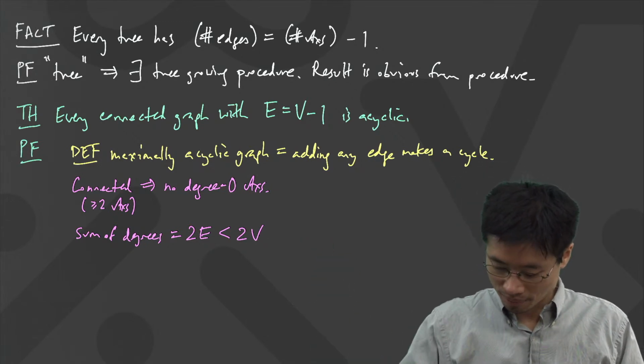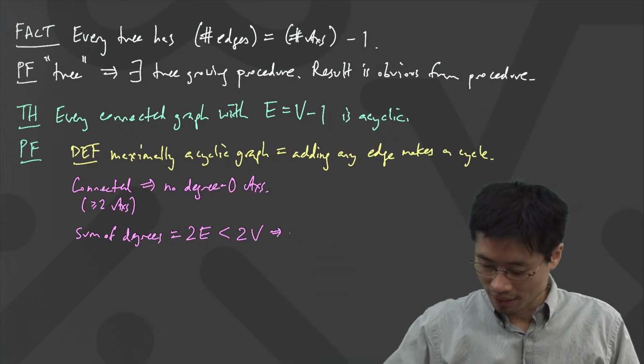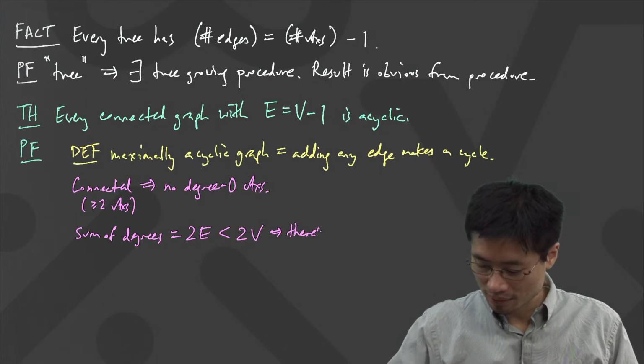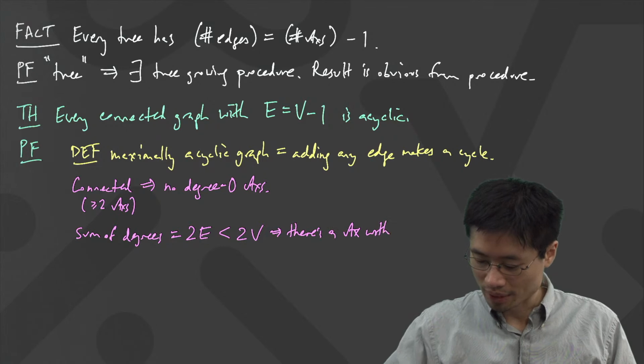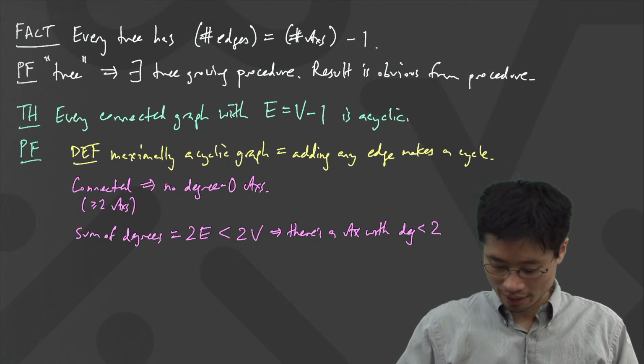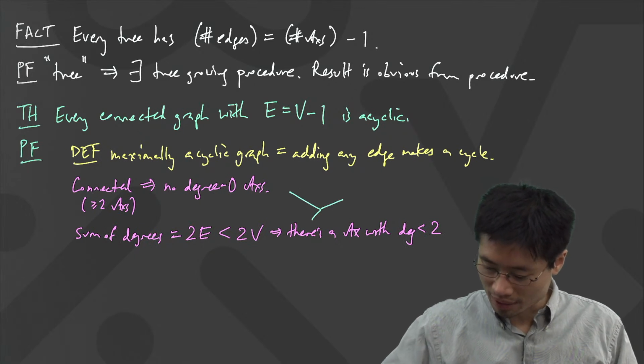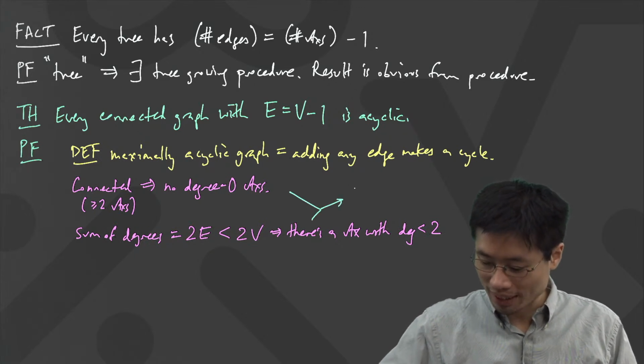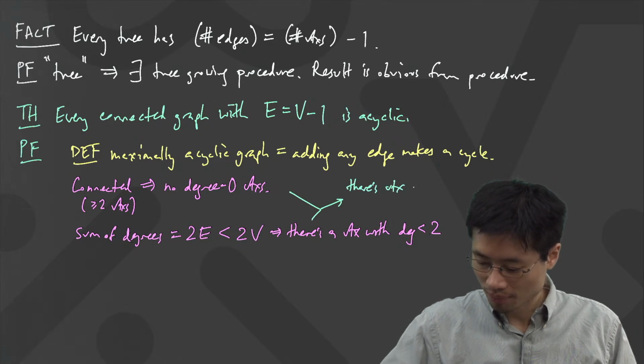So this implies that there's a vertex with degree less than 2, and combining that with no degree 0, it implies that there's a vertex with degree 1.